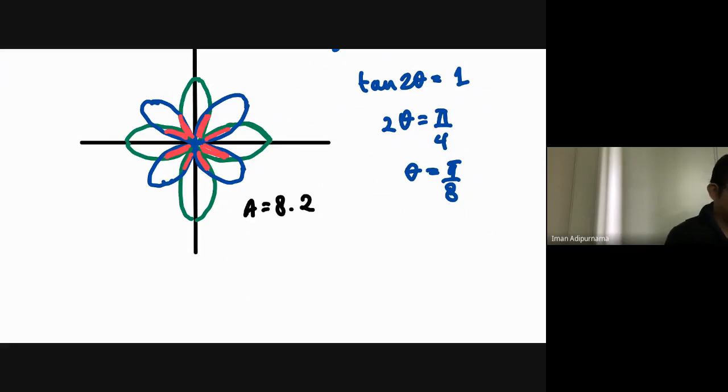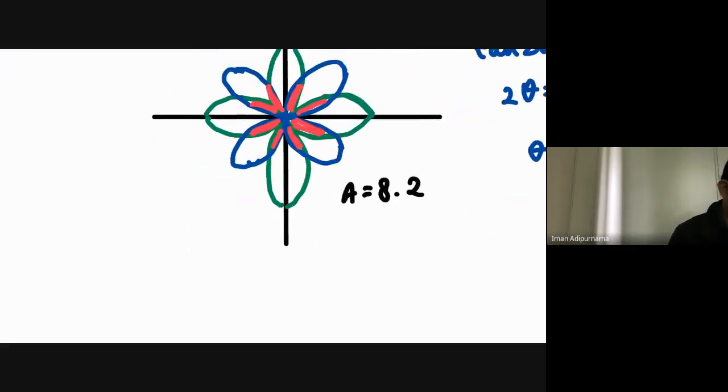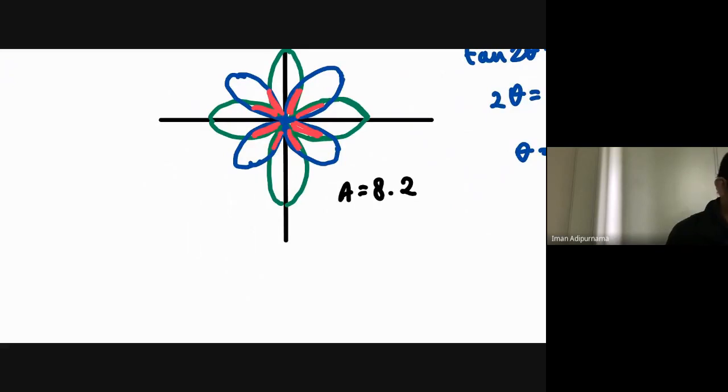2. So let me explain. This area has 8, and let me make one area bigger, like that, right? This is the area. Inside this, the red color, we can divide by 2, and it's symmetrical.